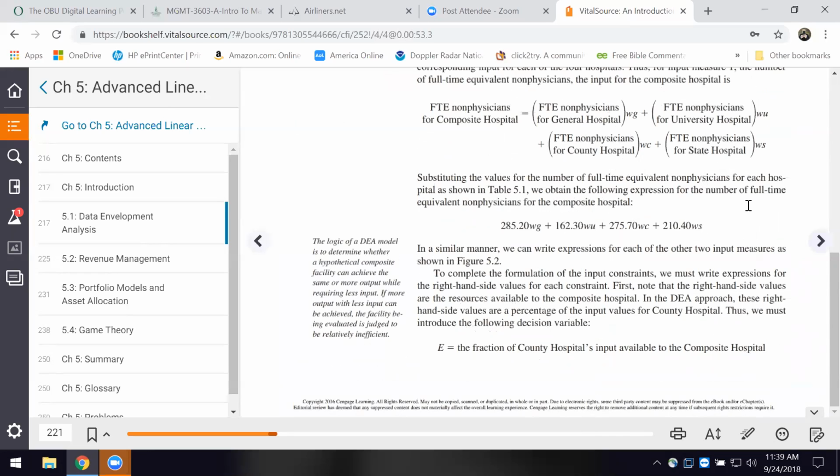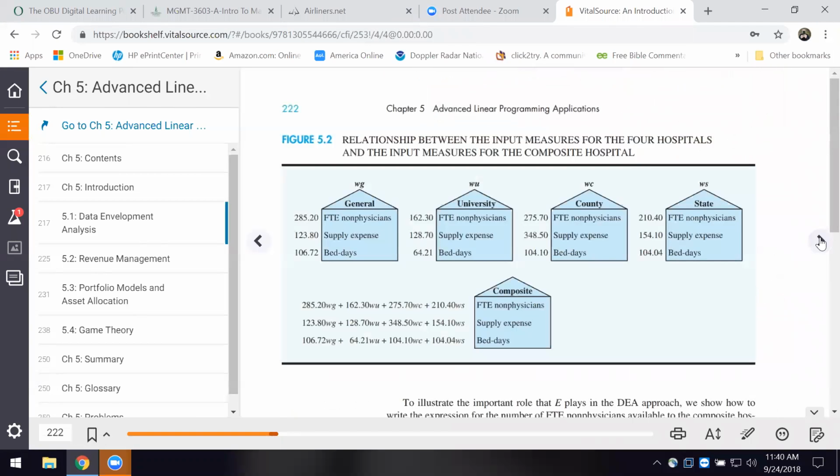And again, you could read it faster than I could talk about it. Now, figure 5.2, they show you that benchmark, the composite, versus the others. And then it just becomes a question of working through which of these hospitals is not as efficient as the composite.